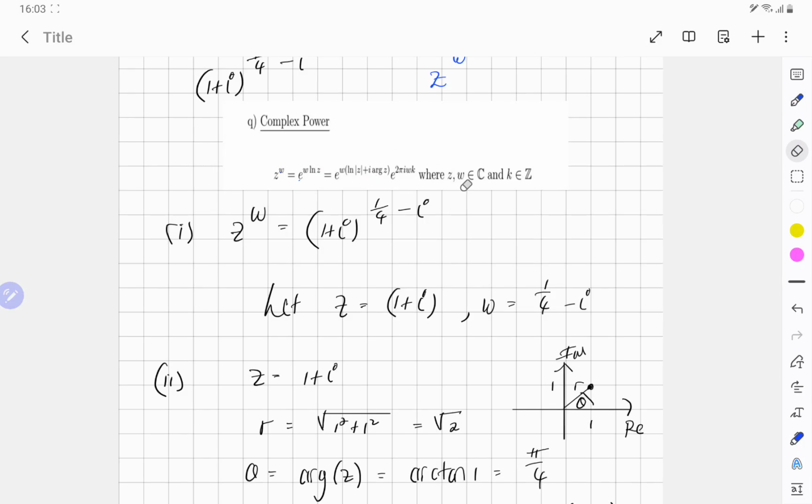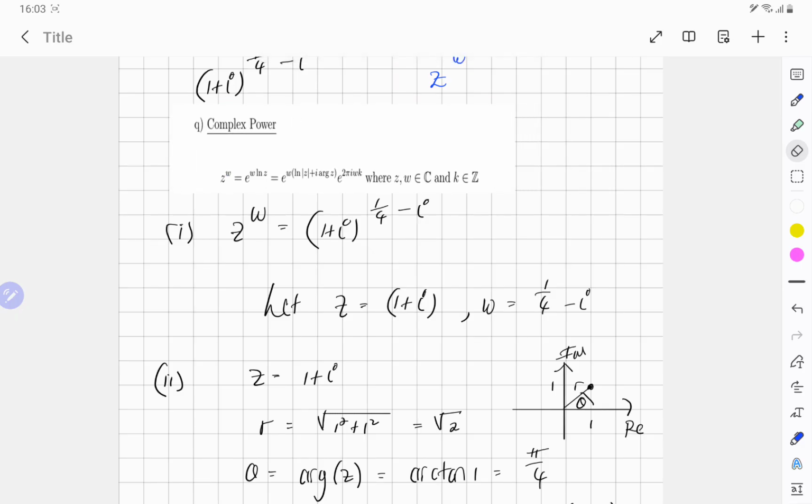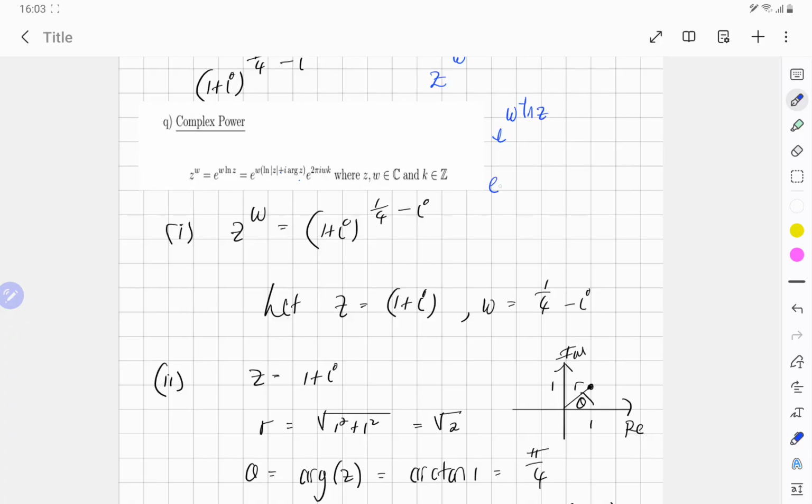Let me just write it here. So we have e to the w ln z, but ln z is ln of the modulus of z plus i times (arg z plus 2 pi k), and hence this formula.